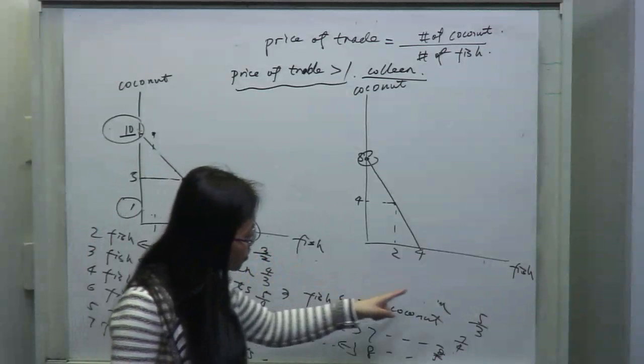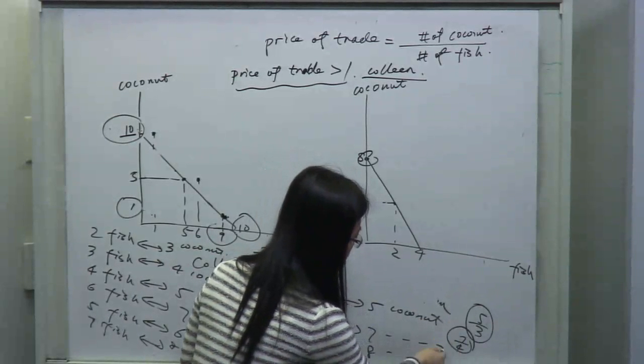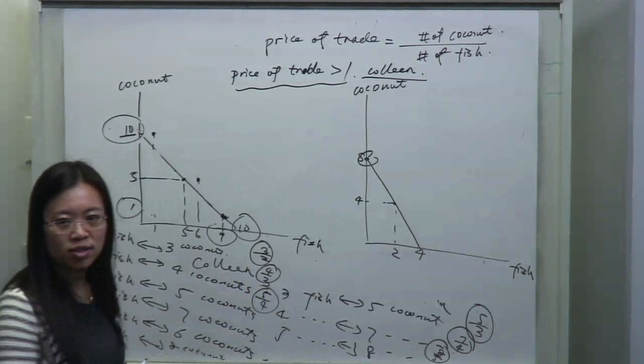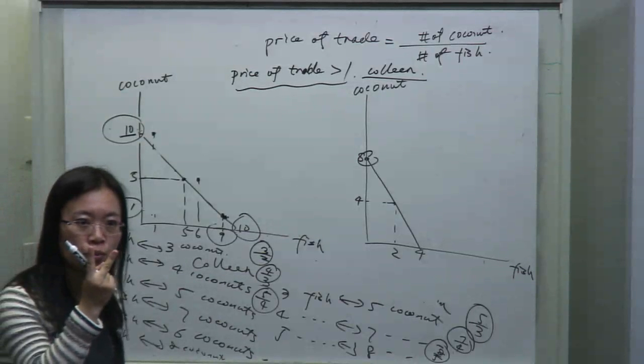And another thing you observe is what? Look at this number. They all are smaller than something, right? Smaller than what? Smaller than 2.